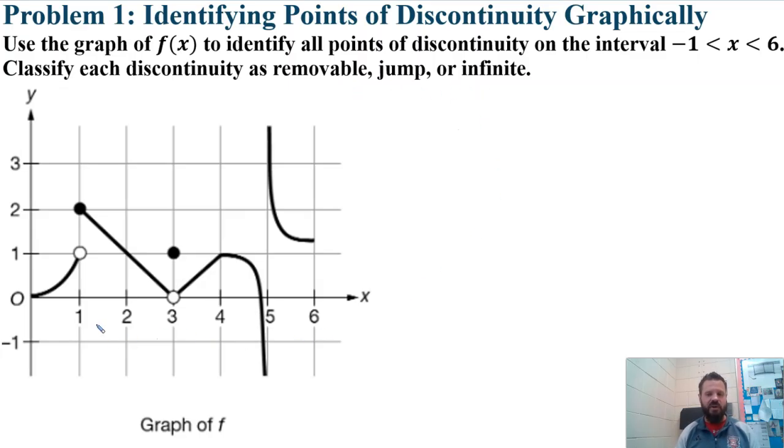Looking at this graph, visually the way you can think about continuity is as you're tracing along, anytime you have to stop and lift your pencil to keep going, that's going to be a point of discontinuity. And it looks like with this graph, I'm going to have 1, 2, 3 different spots where I'd have to lift my pencil up. So our first point of discontinuity is at x equals 1.